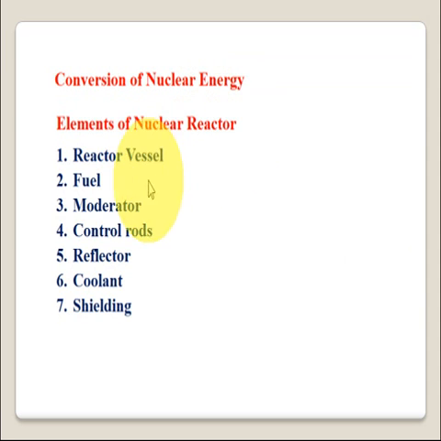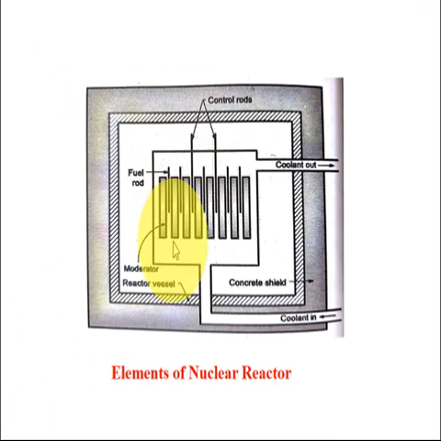A nuclear reactor consists of a reactor vessel, fuel rod, moderator, control rod, reflector, coolant, and shielding. This is a typical picture of a nuclear reactor, which consists of this vessel, made of low carbon steel, and inside it is covered by highly polished stainless steel sheet.